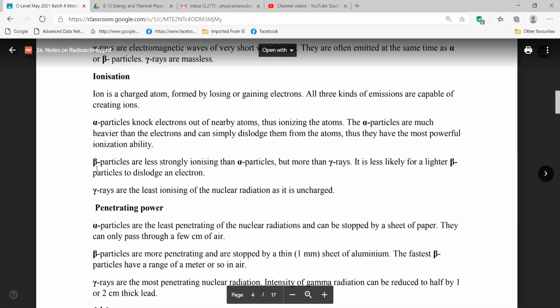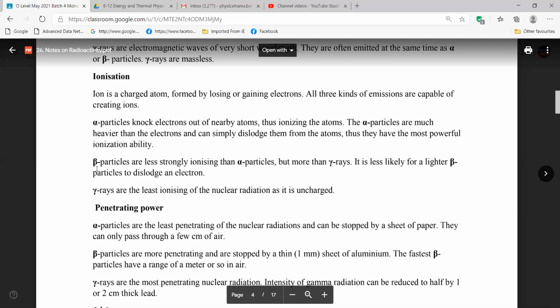So is it clear that beta particles are not that heavy or not that charged? Beta particles have only one charge. So they have ionizing capacity, but it is less than alpha particles. Is it clear now? Yes, sir.